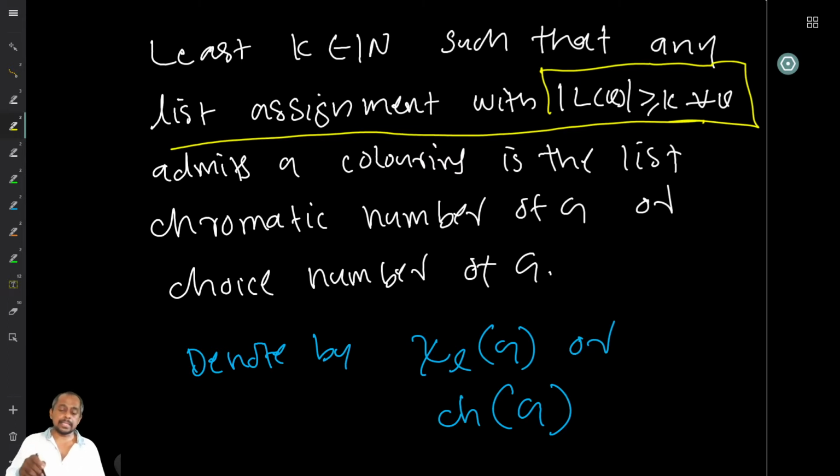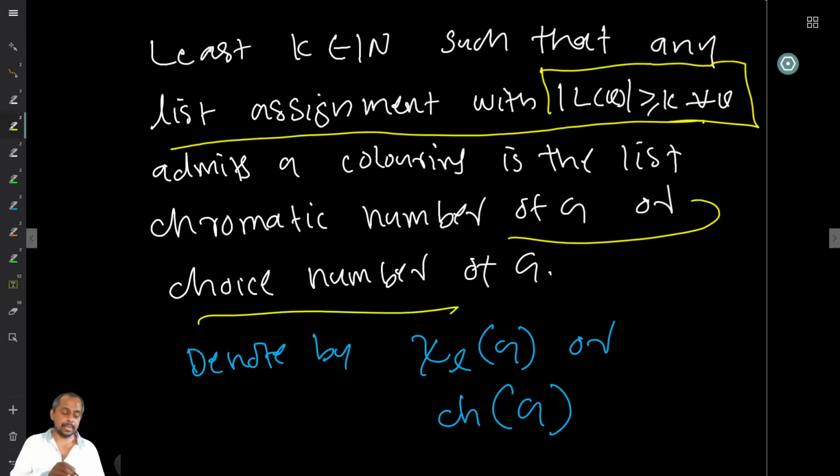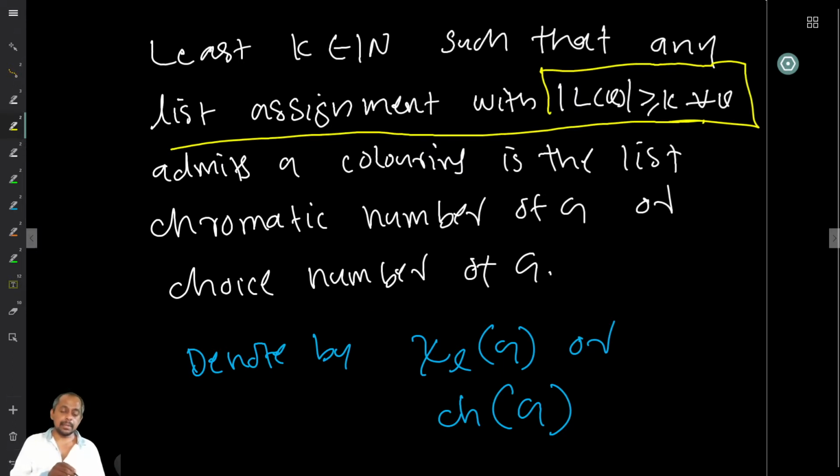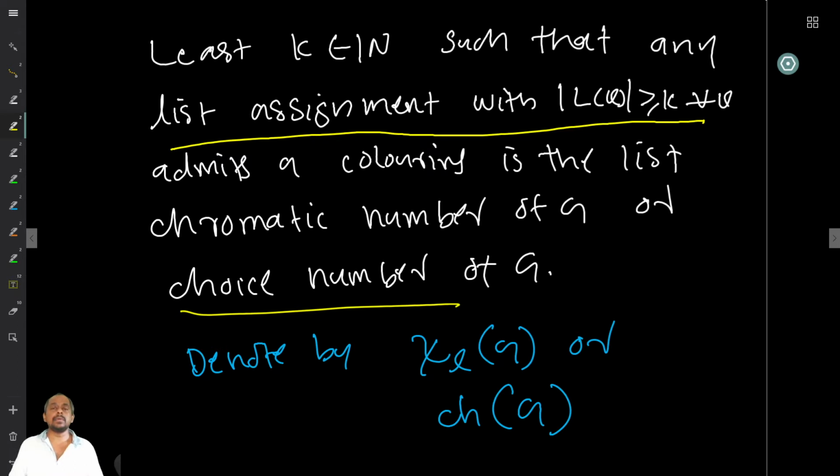That is called the list chromatic number, or the choice number, of the graph. So the choice number is the smallest k which guarantees that if every vertex has at least k colors, then I can always find a proper coloring.